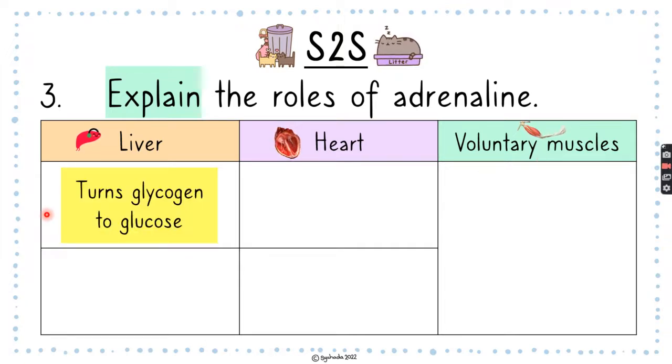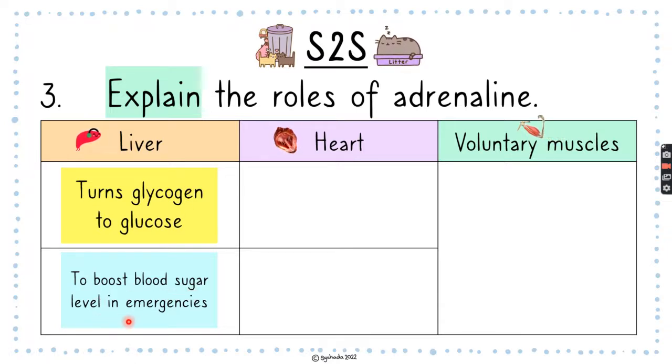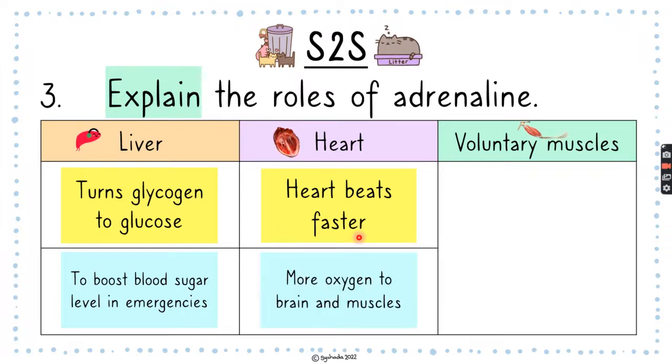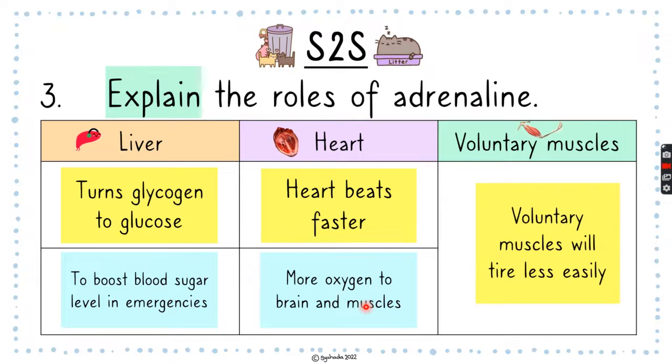And what does it do? It turns glycogen to glucose to boost blood sugar level in emergencies. Another name for blood sugar is blood glucose level as well. Adrenaline also influences the heart to beat much faster, so that more oxygen will be sent to the brain and muscles, and therefore voluntary muscles will tire less easily during an emergency situation.